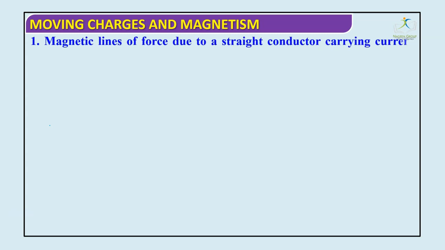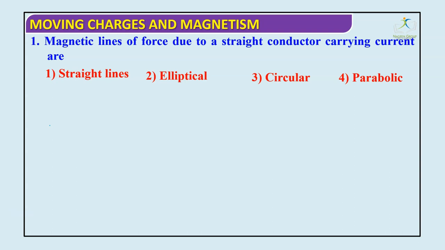Magnetic lines of force due to a straight conductor carrying current are straight line, elliptical, circular, or parabolic. In a simple way, if I'm taking a straight conductor which is flowing current, then using the right hand rule we can find the direction of the magnetic field lines, and that will be circular.